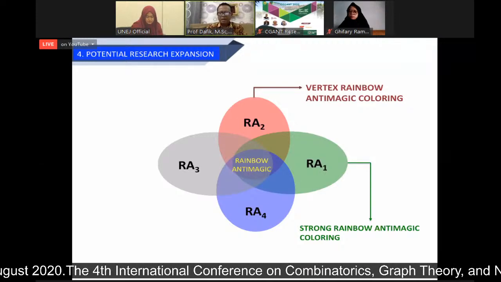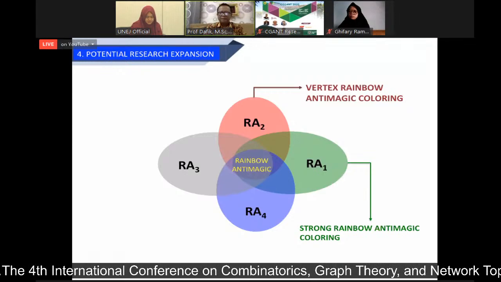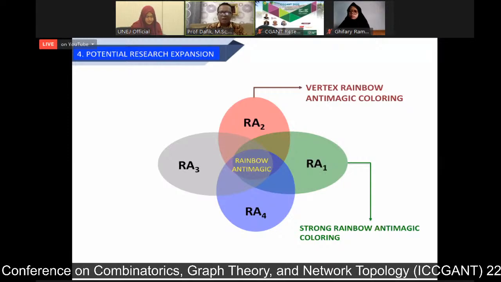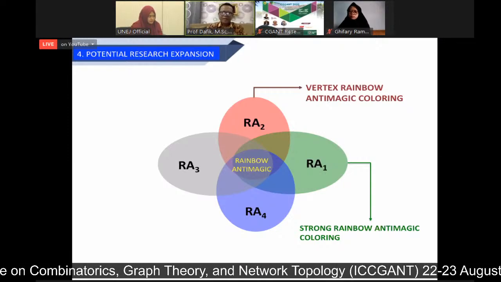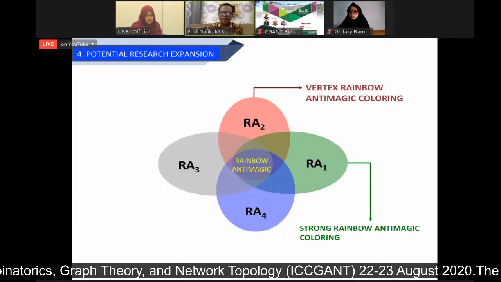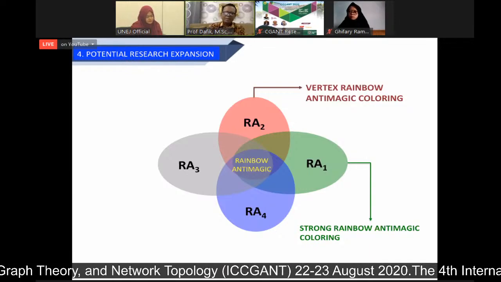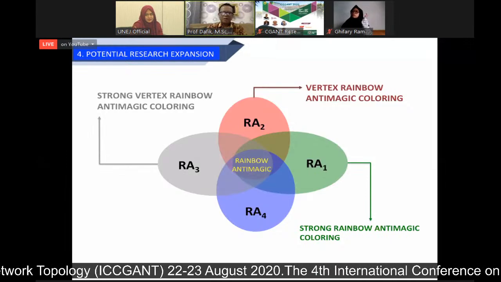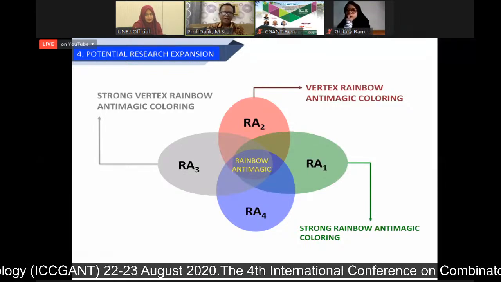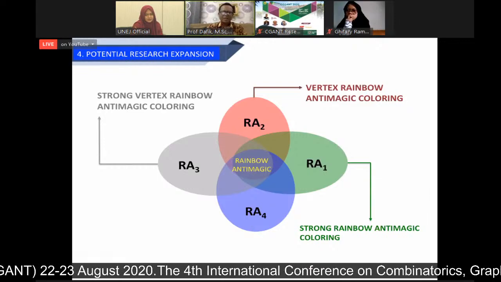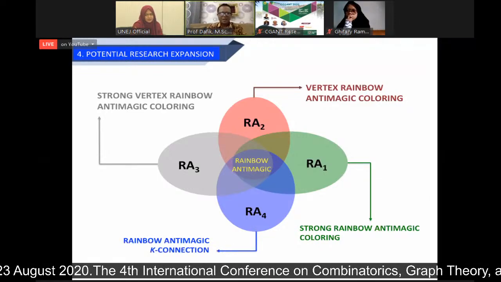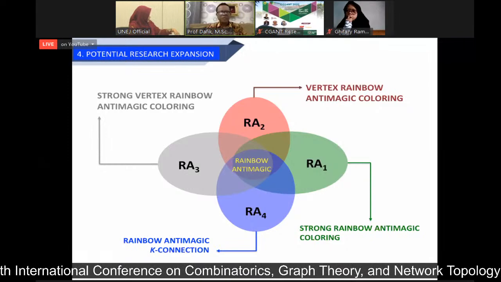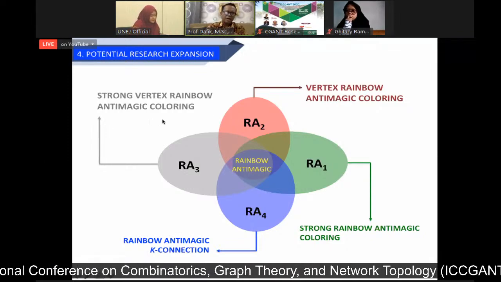If you have a vertex rainbow anti-magic coloring, then we consider the evaluation of the edge weight on every vertex. And another potential research expansion on rainbow anti-magic coloring is a strong vertex rainbow anti-magic coloring. And the other one is rainbow anti-magic K connection. So this is the future research for rainbow anti-magic coloring.